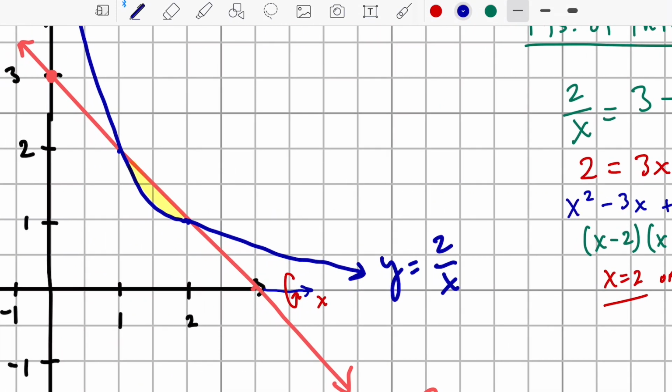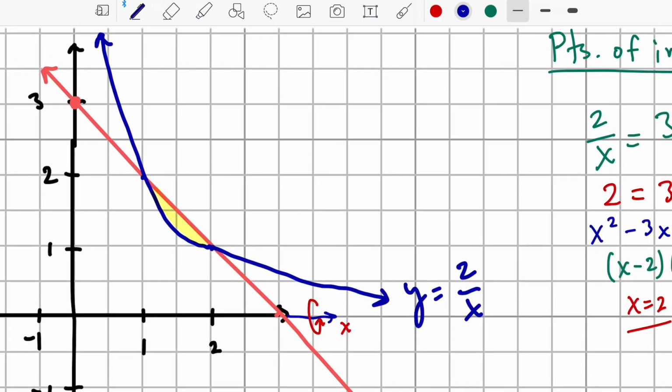Now, I said earlier that you want to see which function is furthest away from the axis of rotation.